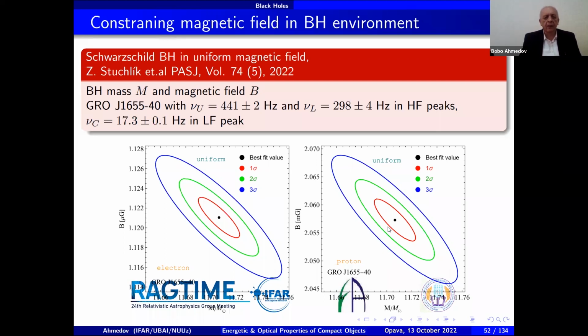Here on the left-hand side, using, for example, the best-fit model or the 3 sigma models, and assuming that the particle in the quasi-periodic oscillations is an electron or proton, we can get constraints on the magnetic field which exists in the area where quasi-periodic oscillations are generated.